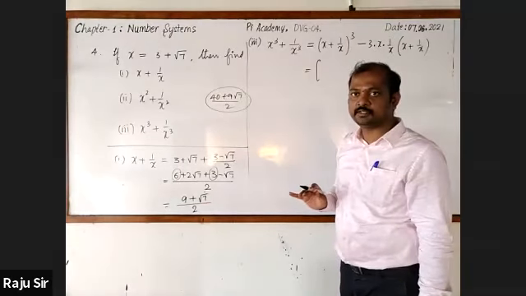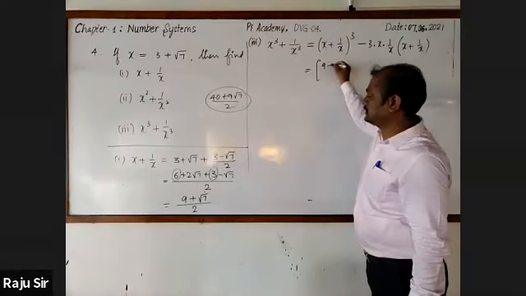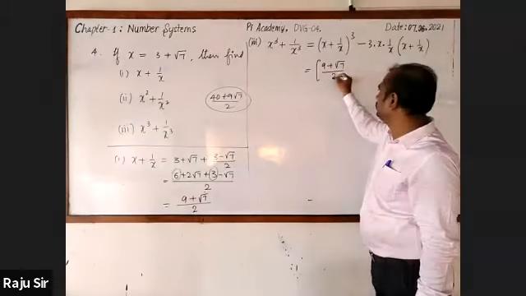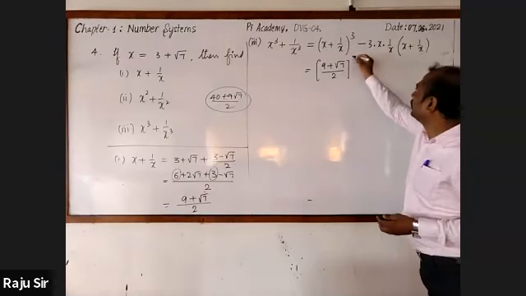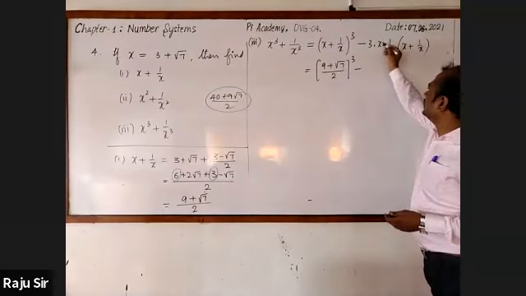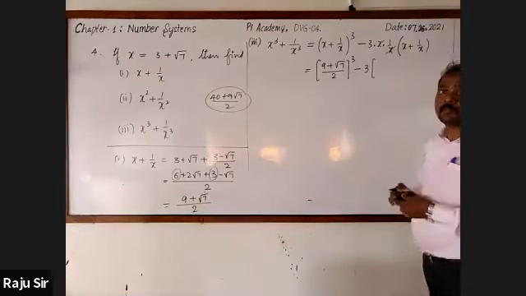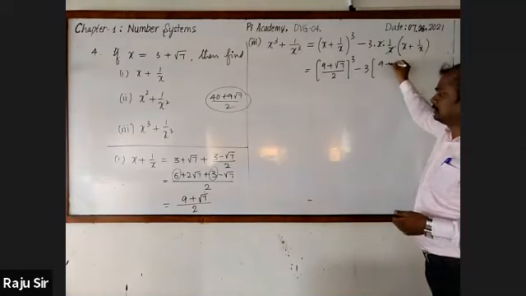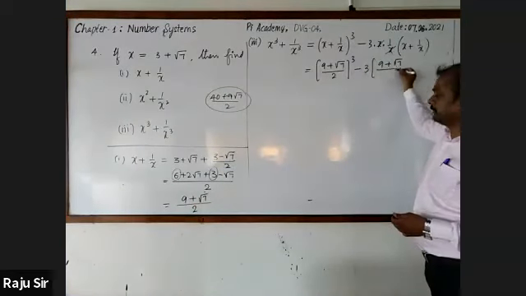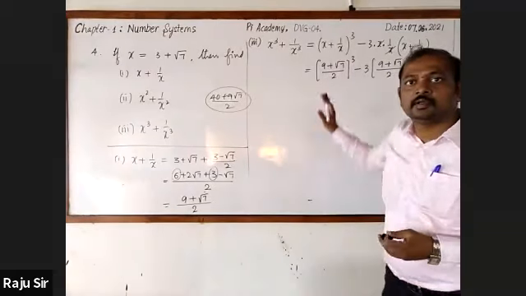Afterwards, I'll explain it. x plus 1 by x is 9 plus root 7 by 2, whole cube, minus, here x and x get cancelled, 3 into x plus 1 by x, again 9 plus root 7 by 2. Followed? Did you understand? Yes, sir.